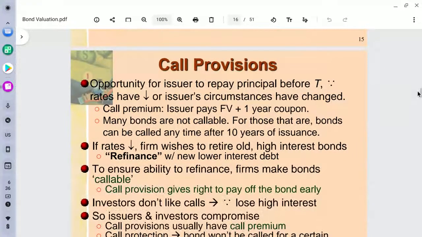So in our example, it's a right to retire the bonds early, right to buy back the bond early, before the maturity. So who buys back? This is a retiring bond. Who retires the bond, in other words, redeems the bond early? Of course, the issuer of the bond.